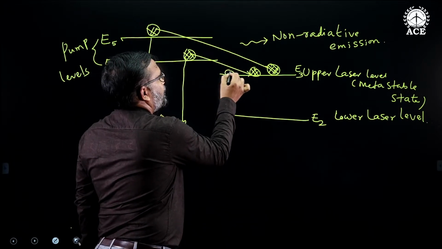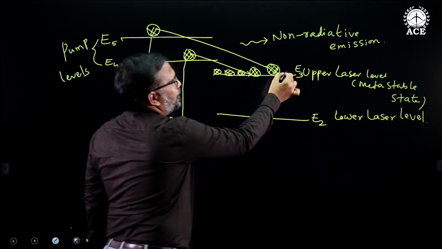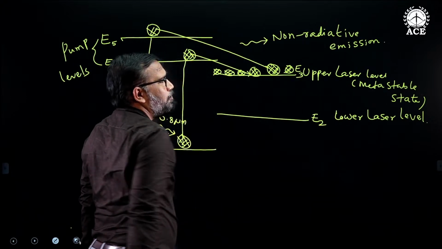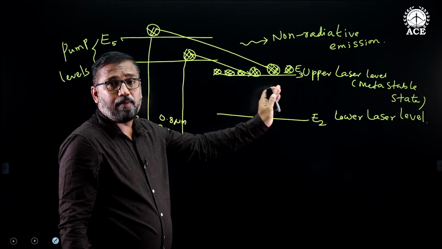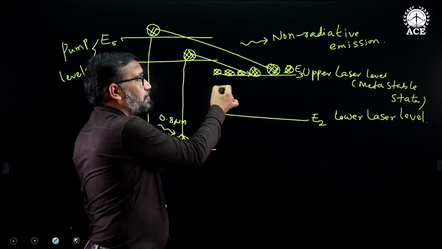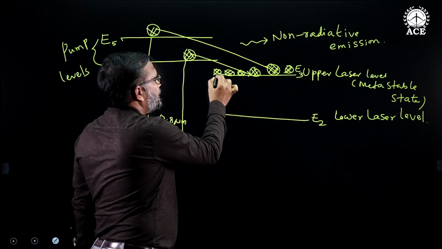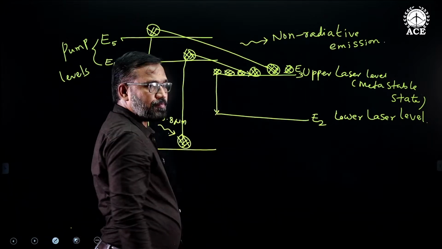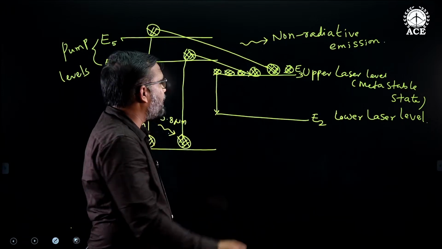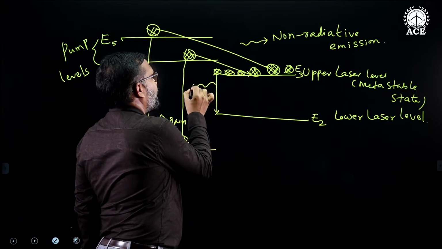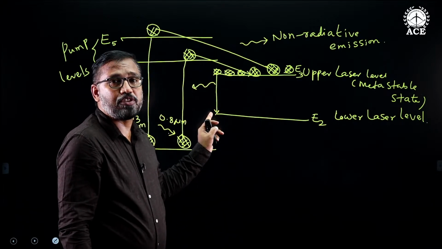When these ions stay for more time, we achieve population inversion. After the transition from the pump level to the metastable state, now there is a transition from the upper laser level to the lower laser level. A few atoms come down by spontaneous emission and release some amount of energy. So an ordinary photon, not laser, is emitted.